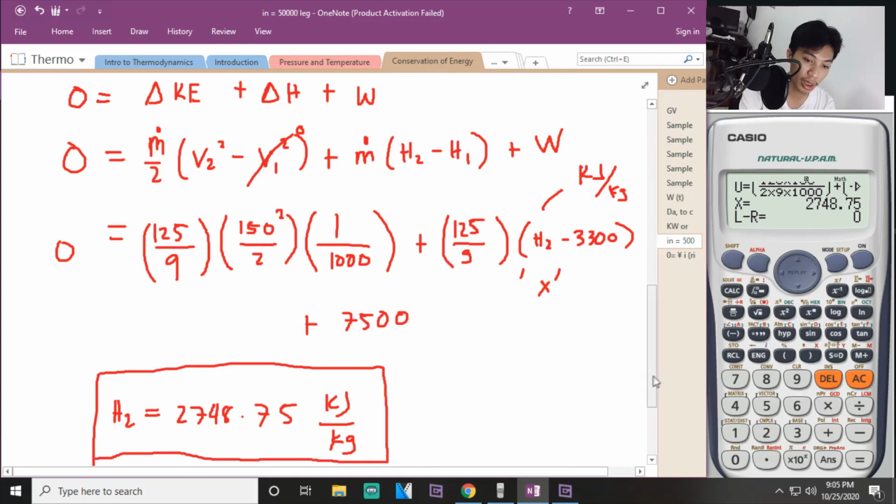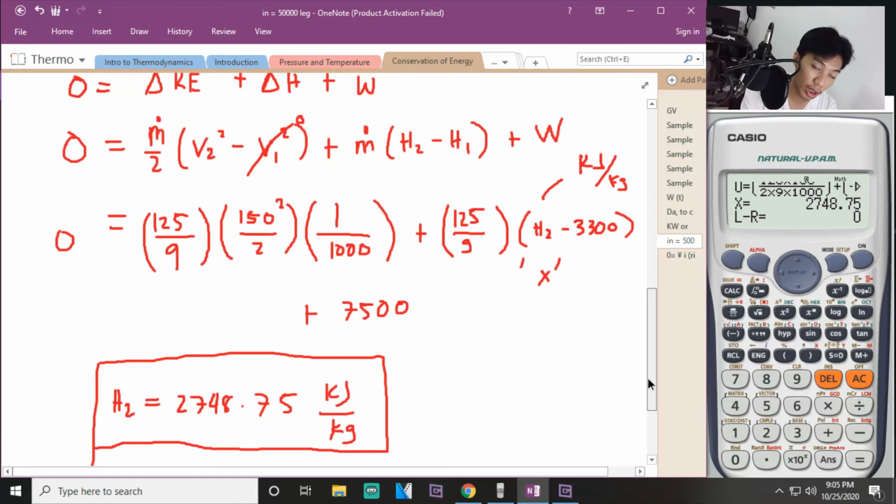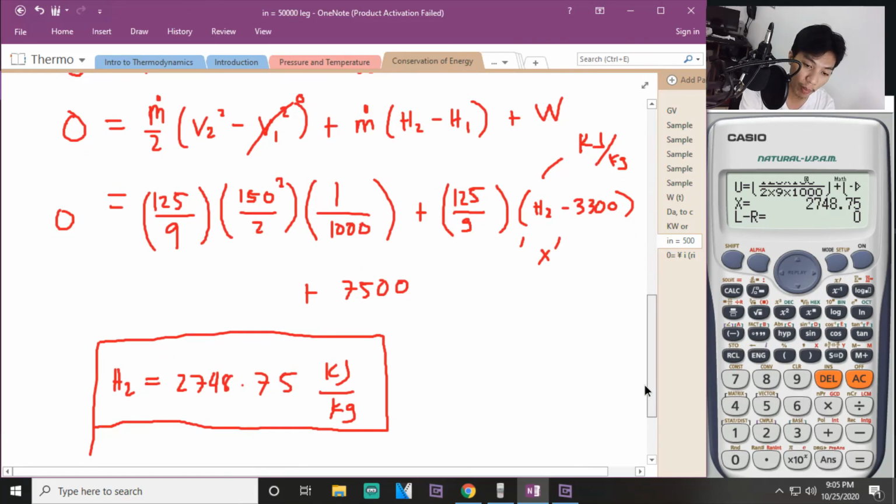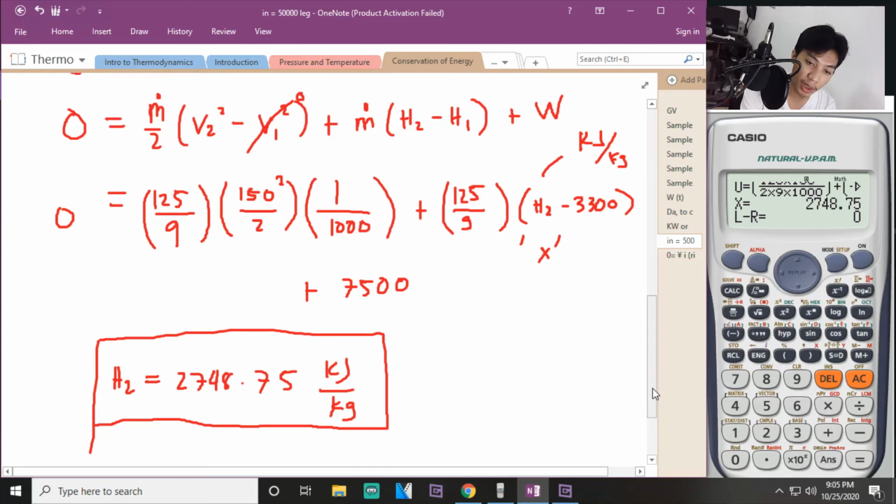So, that is how you will solve lahat ng binigay ko sa inyong problems pagdating ng conservation of energy. Now, pwede kayong mag-calculator technique pagdating ng inyong board exam para mas mapabilis yung calculation nyo. Pero, the most basic way para ma-solve nyo ang isang conservation of energy problem is to list down first all of the given parameters na nandyan. And after mo ilista, tignan mo muna kung lahat ba sila is in unified measurements or conversion of units.